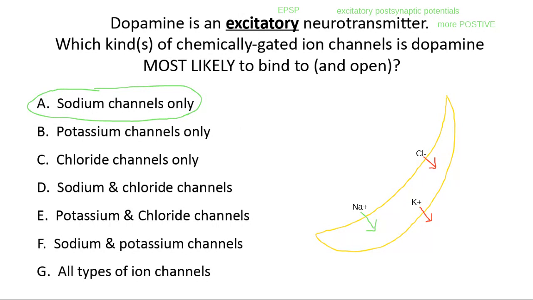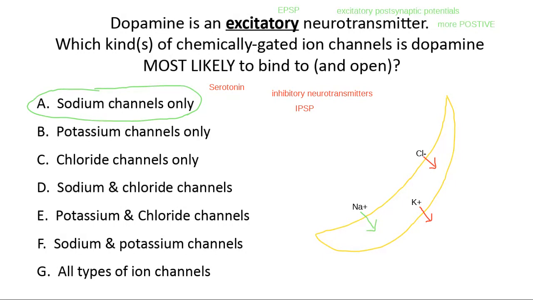We also have inhibitory neurotransmitters. Was serotonin the example I gave you? I think that was the one that I gave you. Serotonin is an inhibitory neurotransmitter. All the same stuff we did with dopamine, we can do with this one too. So it's going to generate an IPSP, an inhibitory postsynaptic potential.